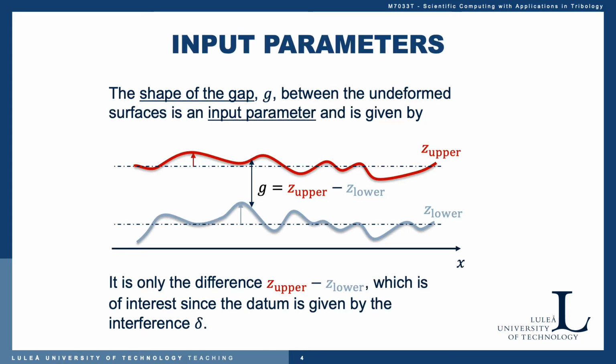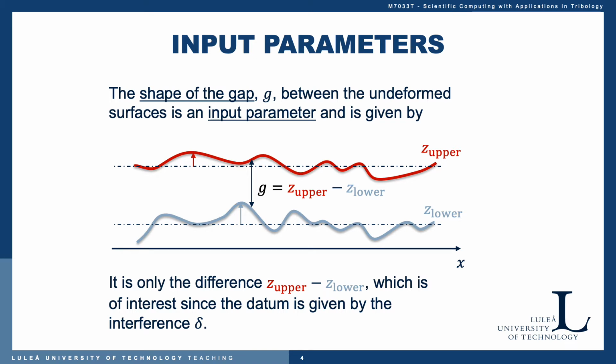Some of the variables involved in the contact mechanics problems have already been described, like the gap, the deformed gap, the pressure, the deformation, and so on. But let's now give this a little bit more attention and try to define them very clearly. What we see here is a lower surface and an upper surface. Assume now that these are completely separated and not in contact at all.